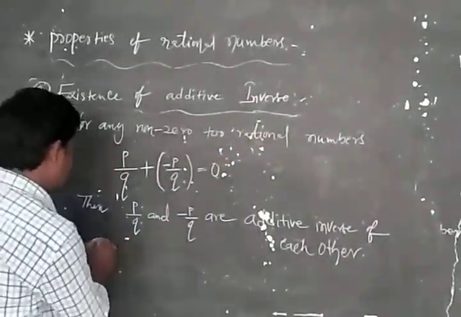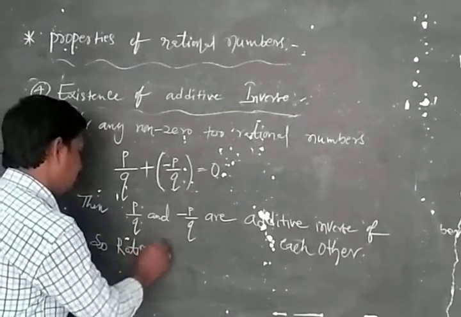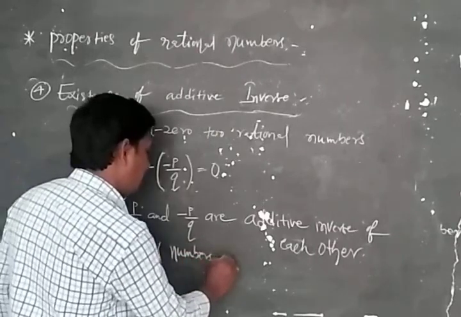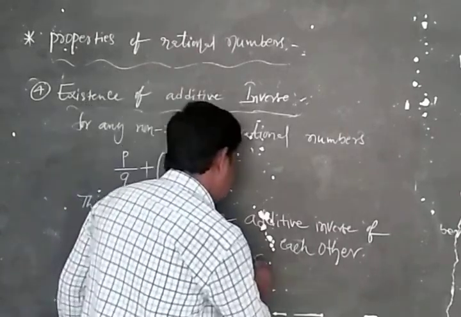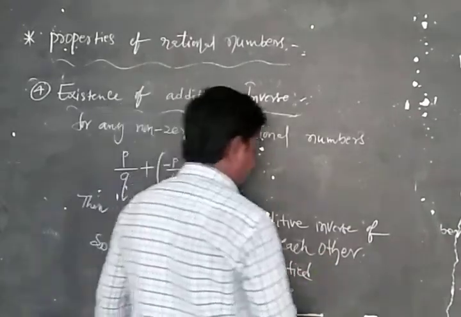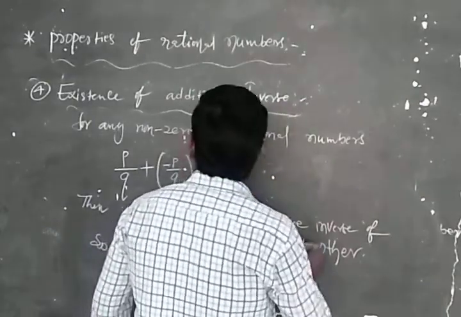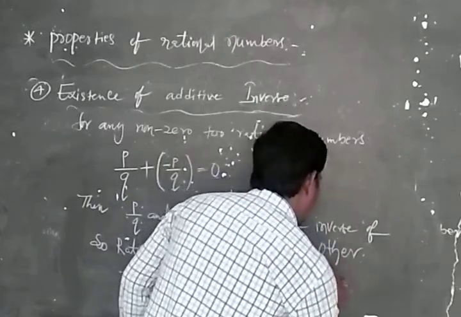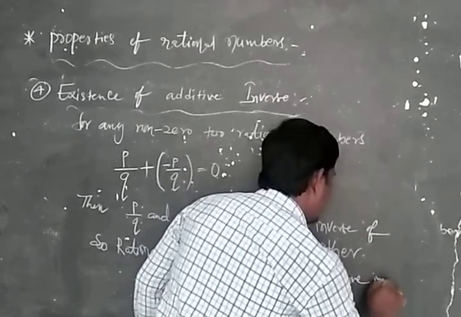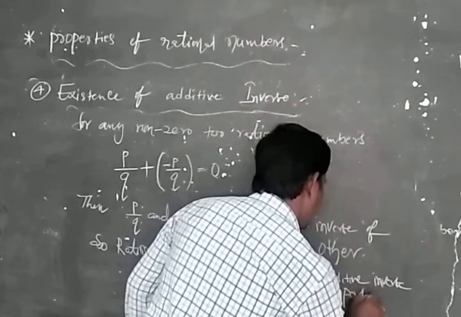So rational numbers satisfy the additive inverse property.